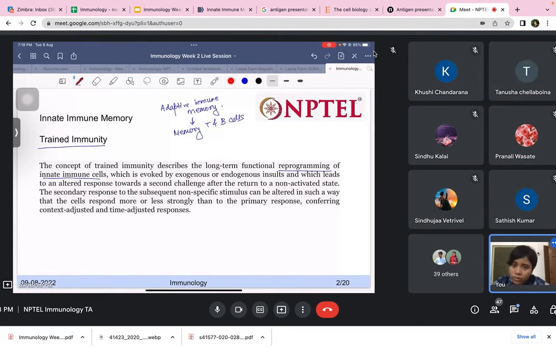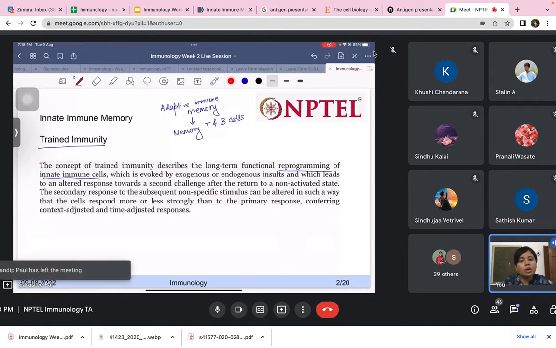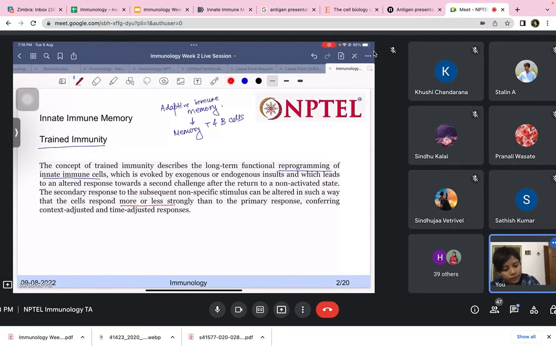And in the case of the innate immune system also, there have been some studies where it was observed that the secondary response to a subsequent non-specific stimulus also can be altered in a way that the cells respond more or less strongly than to the primary response. So the secondary response can be either stronger or weaker than the primary response, right? So this is more or less known as the innate immune memory, or the trained immunity.